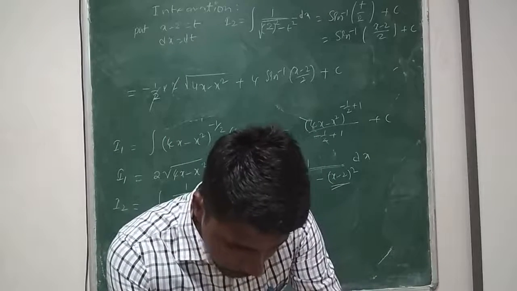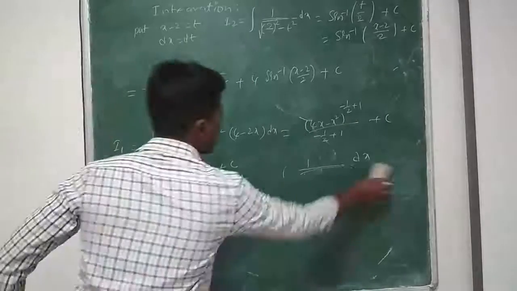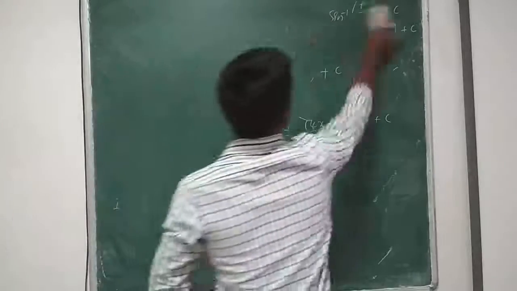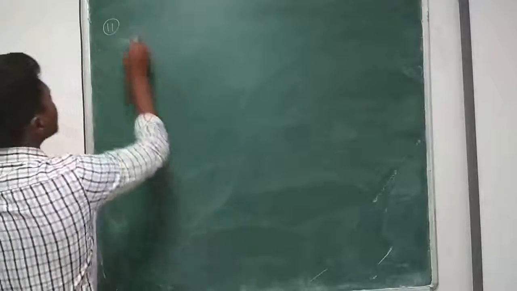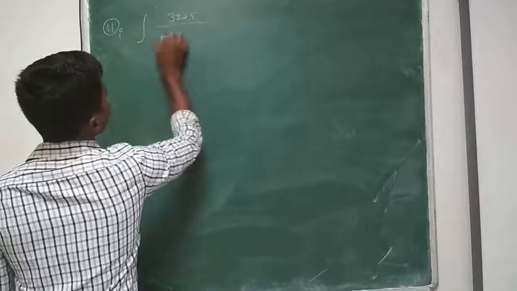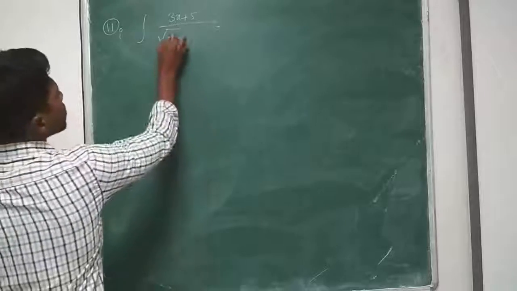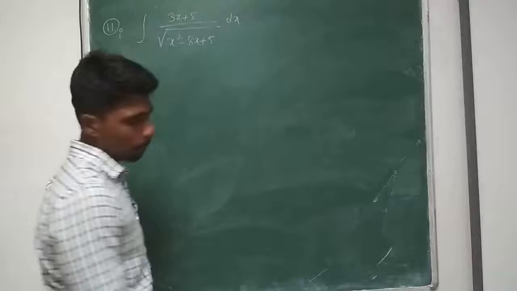Integral of (3x plus 5) by root over x square minus 8x plus 5 dx.